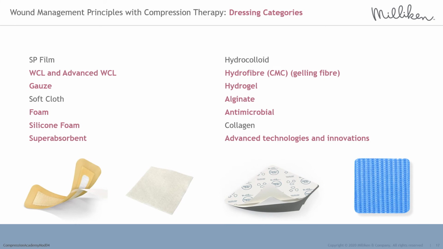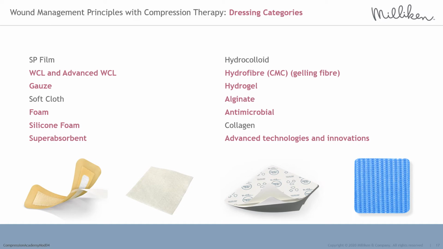Dressing categories include semi-permeable film dressings, wound contact layers and advanced wound contact layers, gauze, soft cloth, foam, silicone foams, superabsorbent, hydrocolloid, hydrofiber, gelling fibres and carboxymethylcellulose, hydrogels, alginate, antimicrobial, collagen.